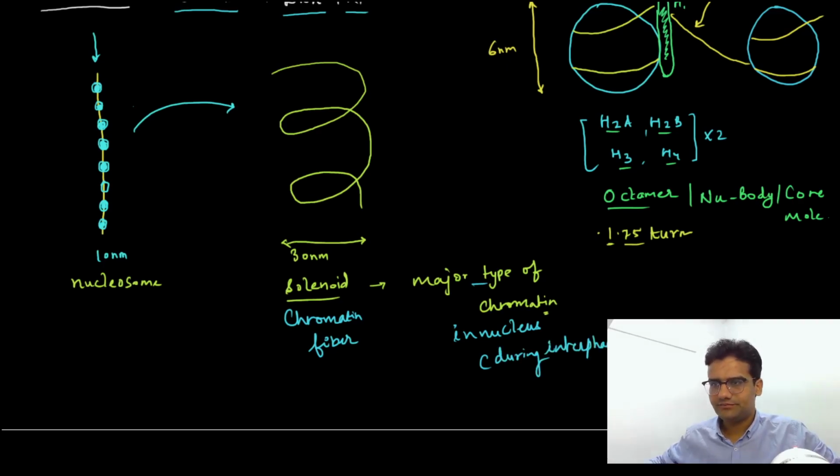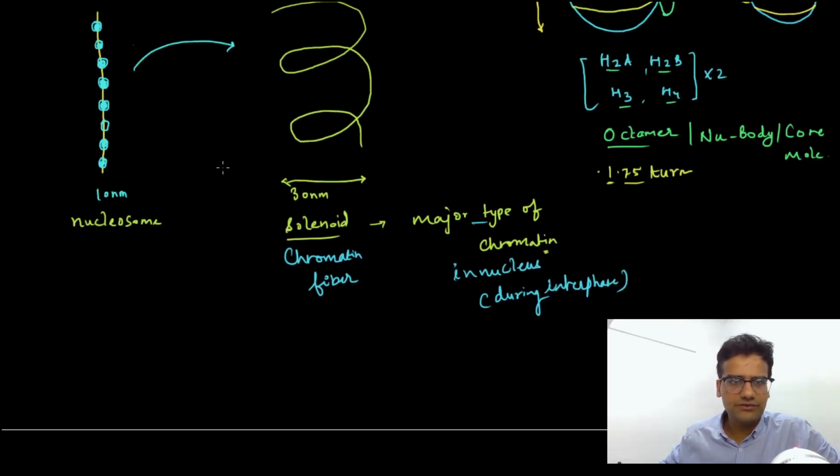And these forms, the nucleosome and solenoid, are interconvertible. That means the 10 nanometer fiber can be converted into a 30 nanometer fiber, and the 30 nanometer fiber can be converted back into a 10 nanometer fiber.